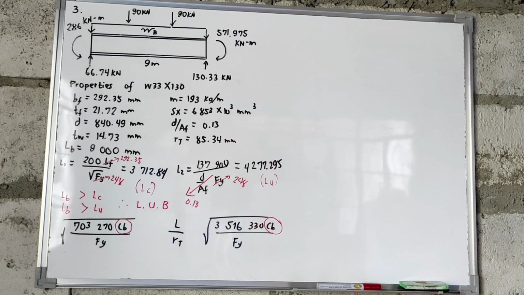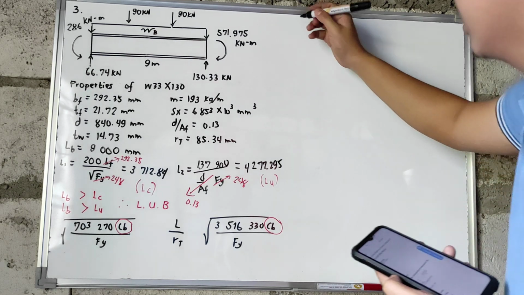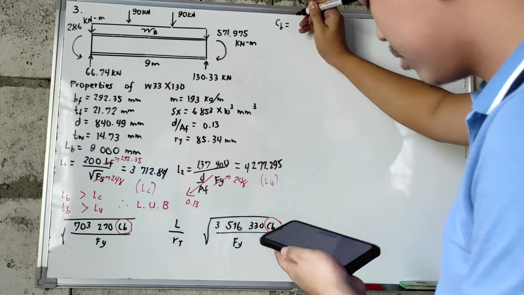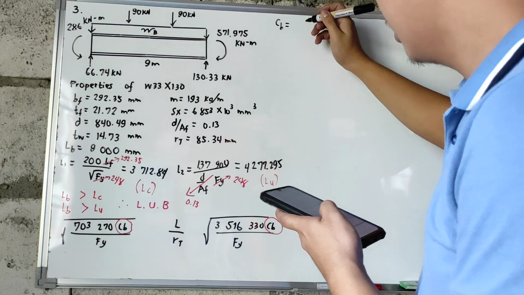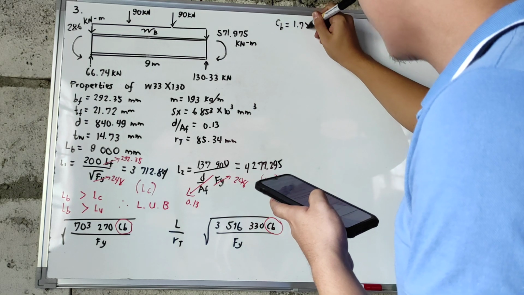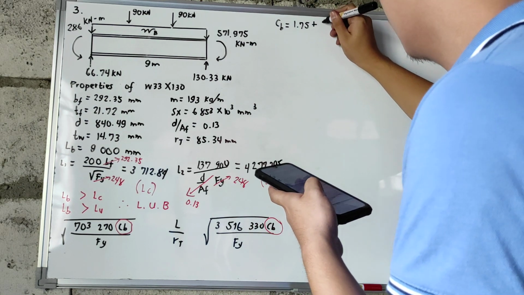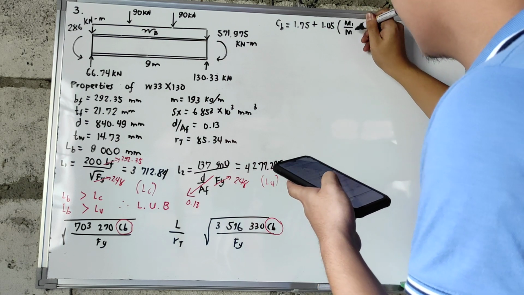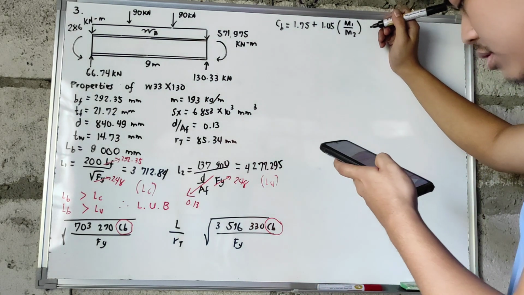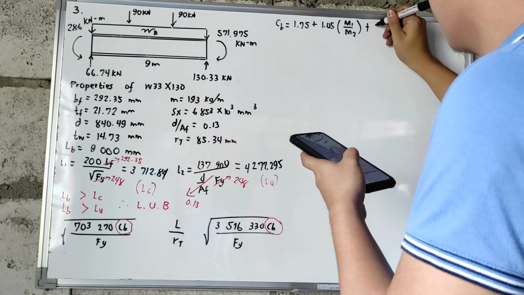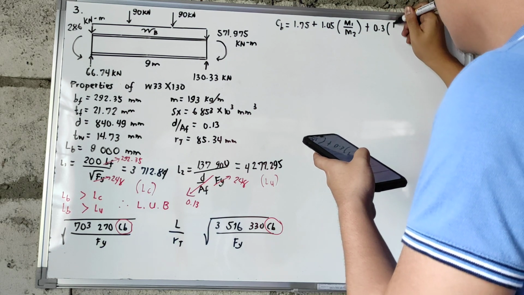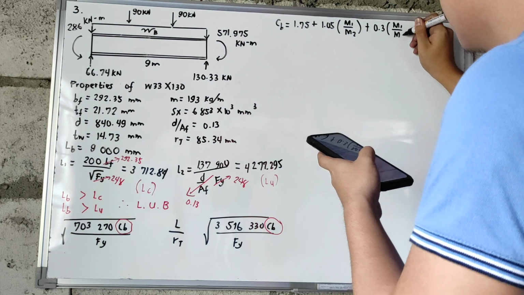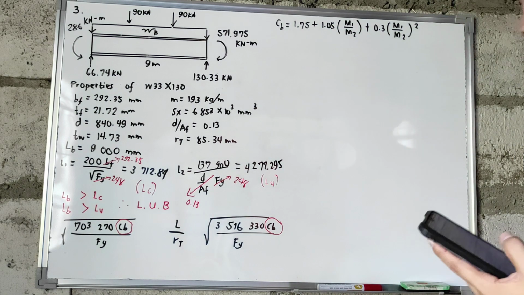So, C sub B, meron tayong formula dyan. C sub B is equal to 1.75 plus 1.05 M sub 1 over M sub 2 plus 0.3 M sub 1 over M sub 2 quantity squared.